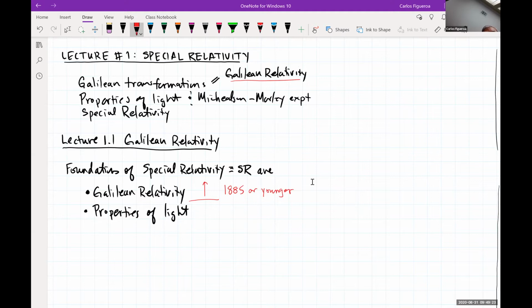So special relativity is essentially trying to ask the question: does Galilean relativity apply to light? That's why we have to talk about the properties of light, because Maxwell's equations were so new at the time that people didn't know how to incorporate them into Galilean relativity.